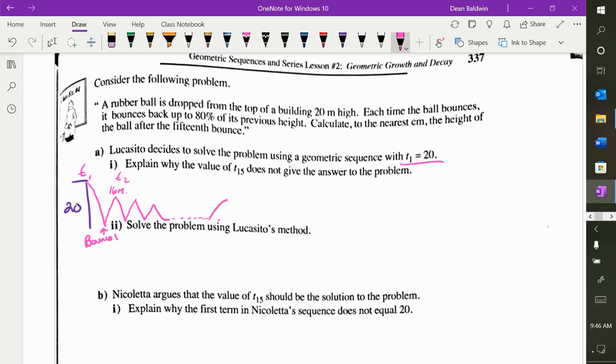So what do you actually need? You would need T16. So if the first bounce equals T2, then the 15th bounce equals T16.